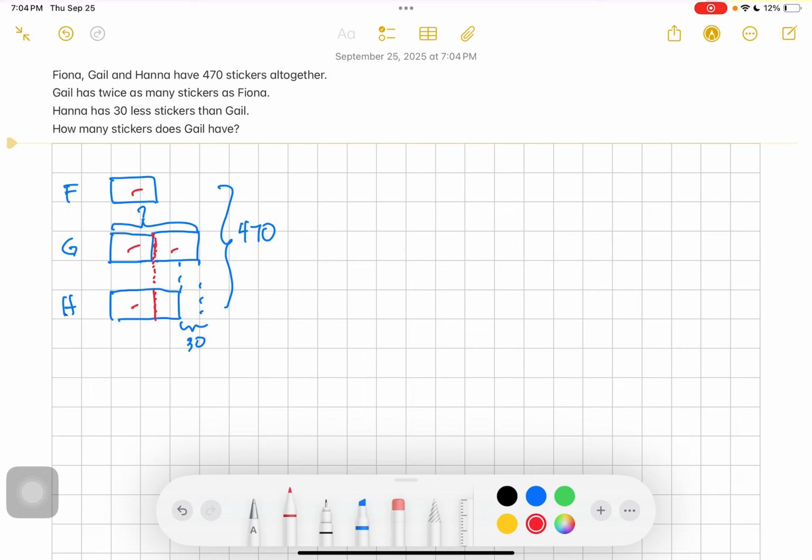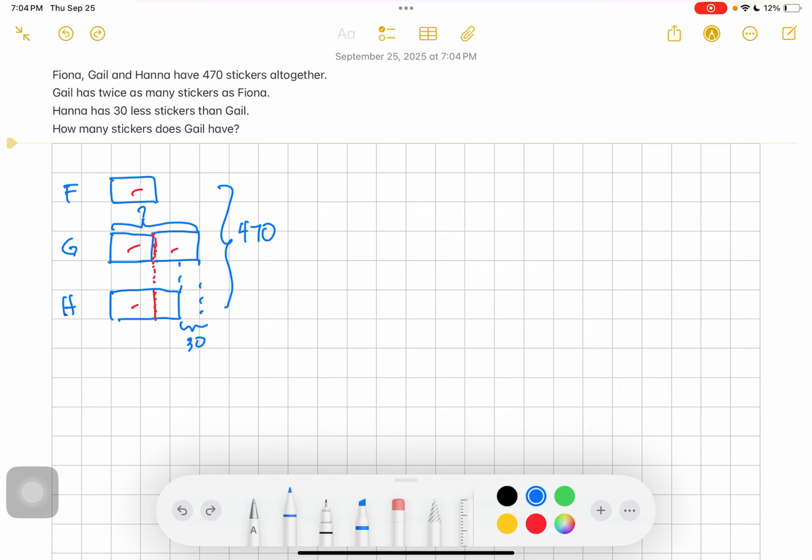So, Hannah only needs 30 more to complete the last unit. So one method here that we can use is that we will complete Hannah's unit by adding the 30 so that it would look like this.